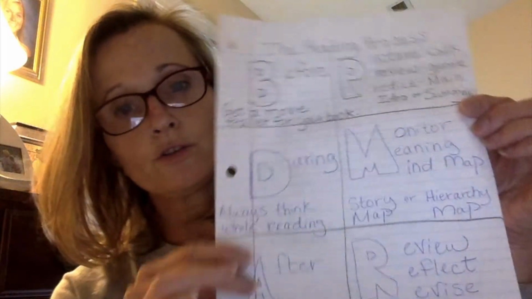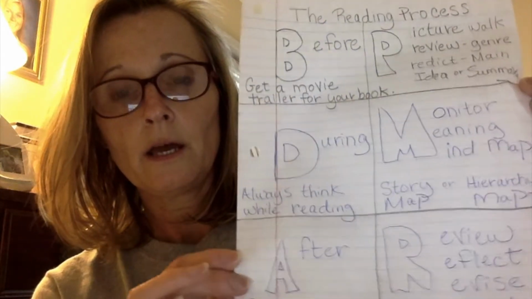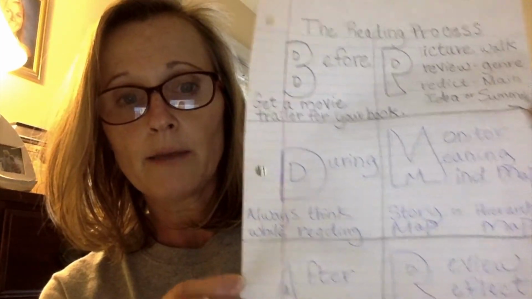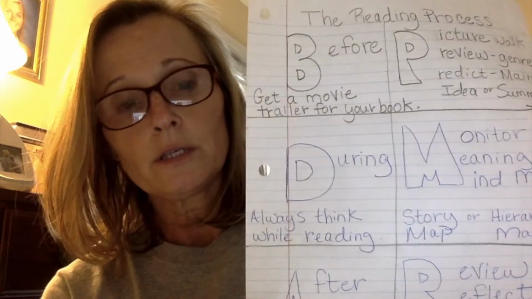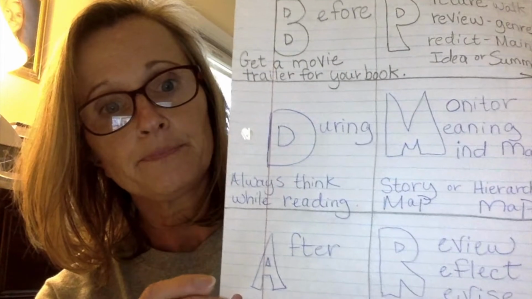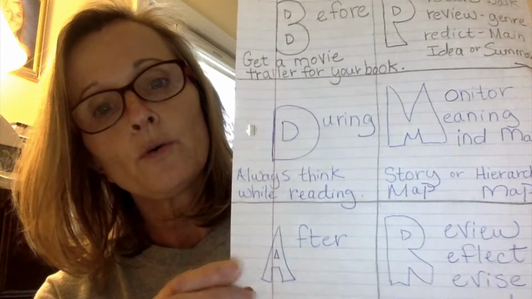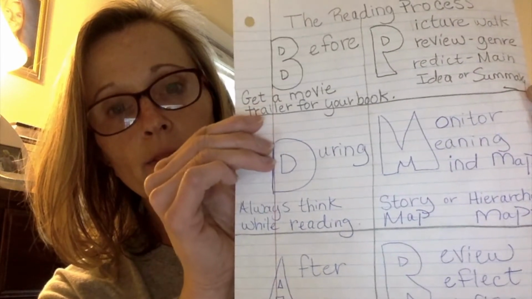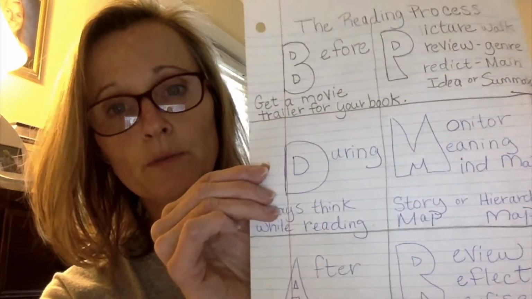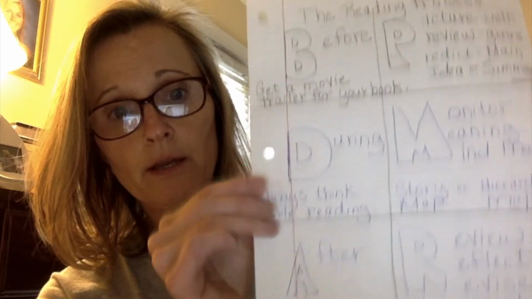But remember, this is the first point of reference anytime we're teaching. And so this anchor chart is critical. And so as we read, we think while reading, and the type of text determines how we think.